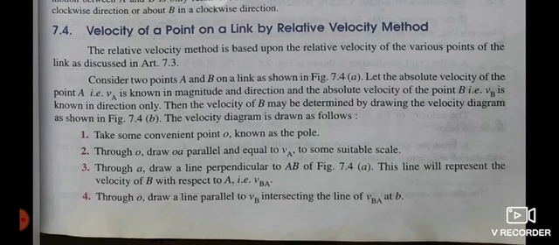Next point, 7.4, velocity of a point on a link by relative velocity method. The relative velocity method is based upon the relative velocity of various points on the link as discussed in previous article.